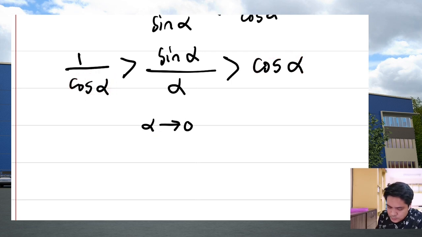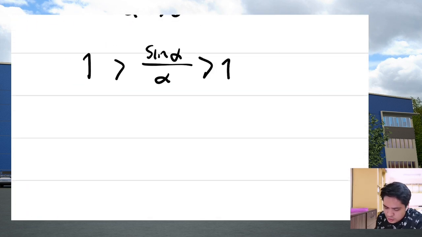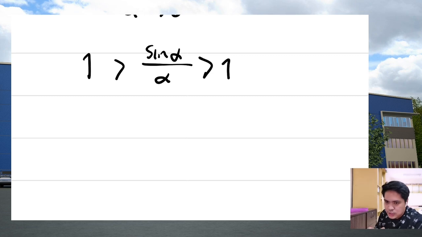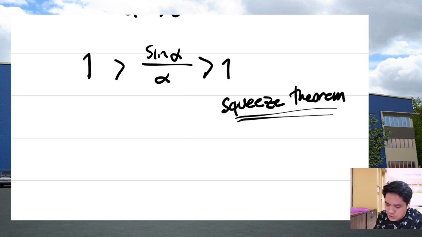So, therefore, as alpha approaches 0, this approaches 1, and this also approaches 1. So, what number would be less than 1 but greater than 1? So, that is also 1. Diba? Naipit siya, na-squeeze siya. So, this is actually under the squeeze theorem. Okay, so squeeze theorem ni siya.